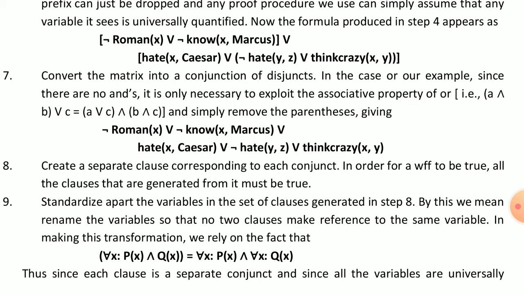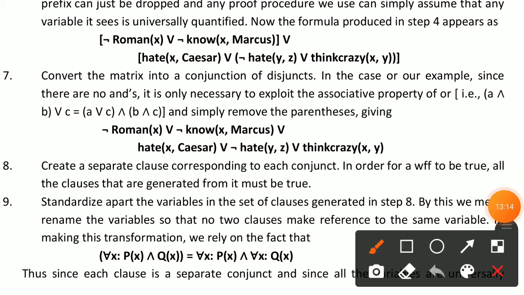So our transformation will be written like this: for all x, p(x) and q(x) is equal to for all x p(x) and for all x q(x). In maths you can learn this equation. So this equation we will use in the AI concept.